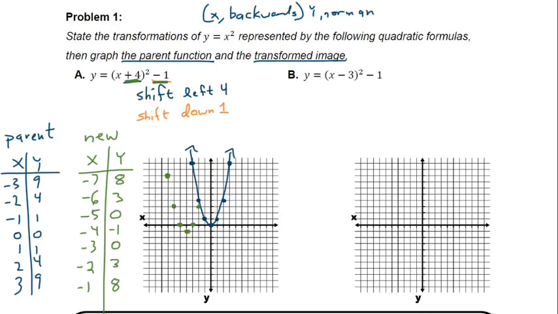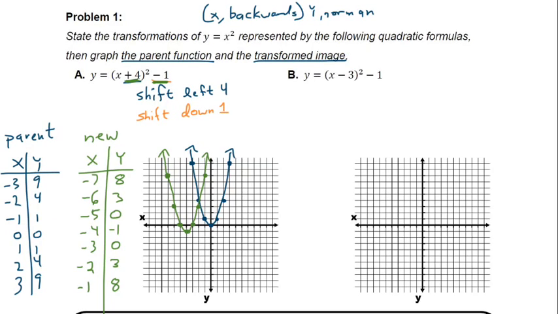And you'll plot them all out. So there, see if I can do it as smoothly as possible, is your new transformed image. Alright, so whatever is inside, you do it to the x's, but backwards. Whatever's outside, you do it to the y's, and normal.